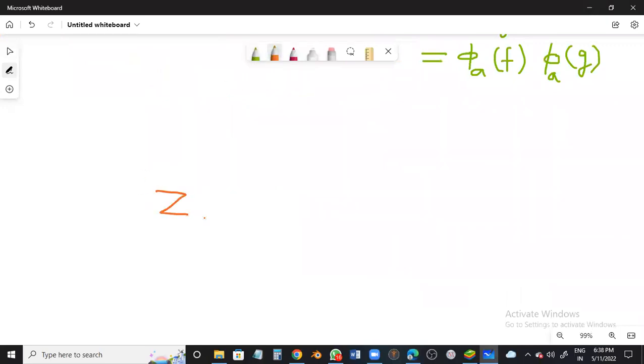Z is the usual set of integers along with usual addition and usual multiplication, so it forms a ring. Then you have Zn, which means all residues when divided by n, along with addition modulo n and multiplication modulo n. These two are our usual rings under process.